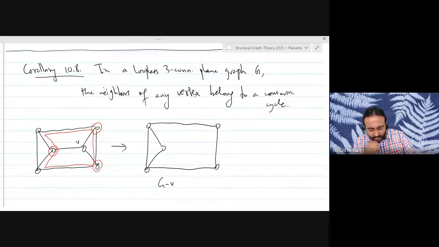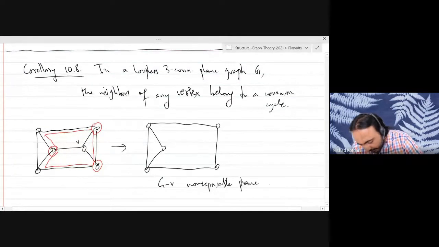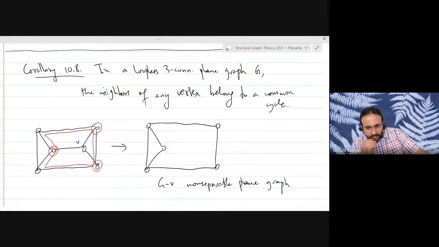So I want to delete a vertex, right? And now I have a non-separable plane graph, because the original graph was three connected and loopless. Therefore, this graph is non-separable. In particular, it is two connected.